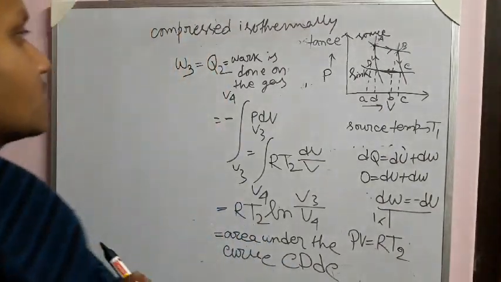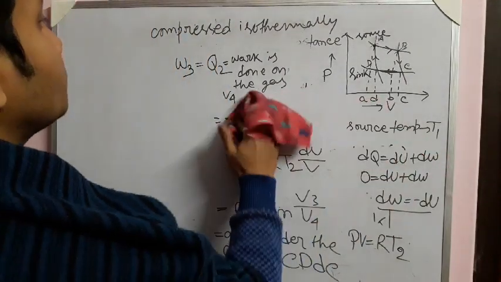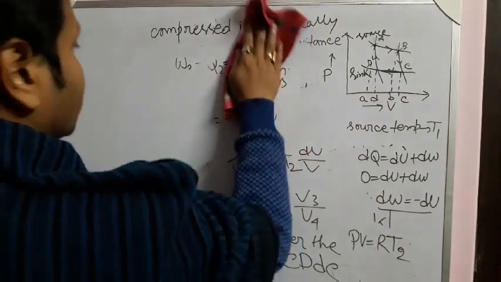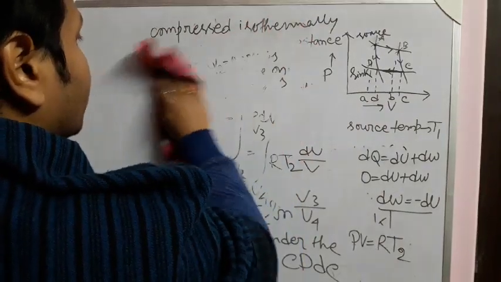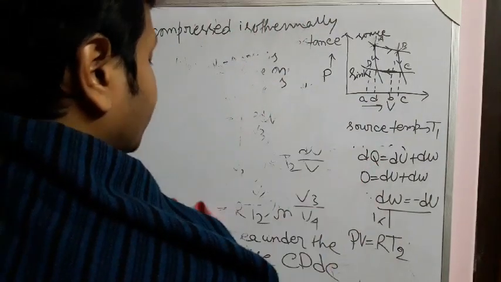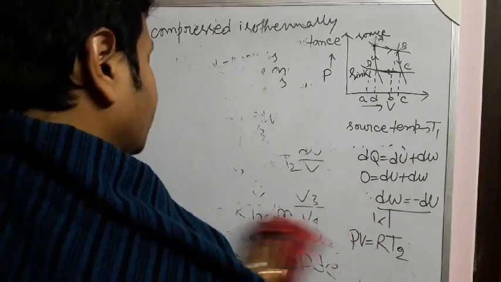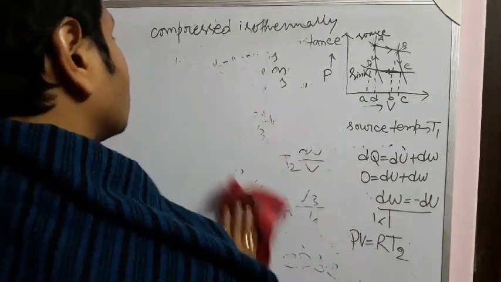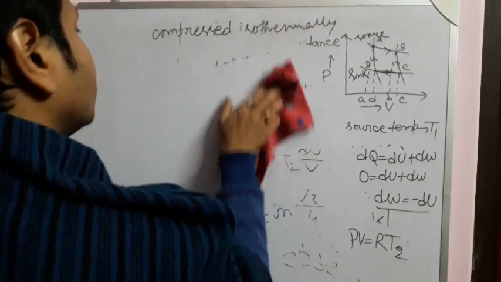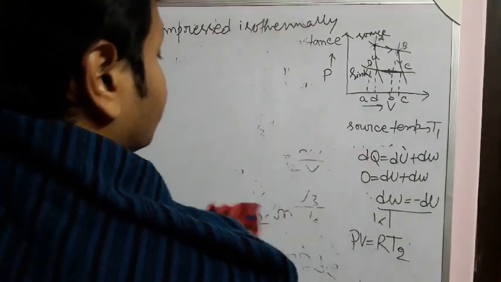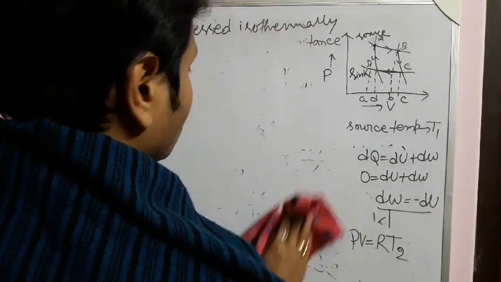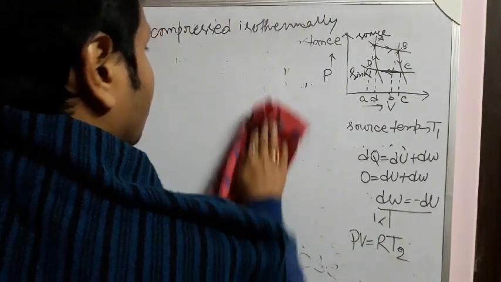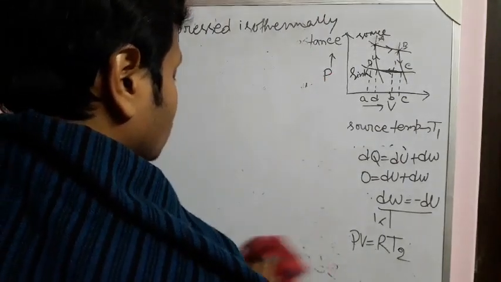Now the last step we have to do is the adiabatic compression. Okay, adiabatic compression, and we see that in adiabatic expansion the temperature falls down. Similarly on adiabatic compression the temperature rises, and finally the gas reaches the initial state.